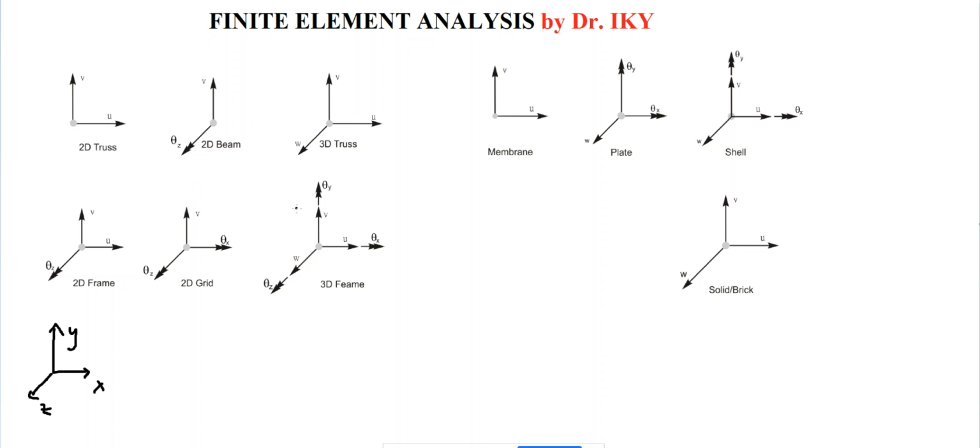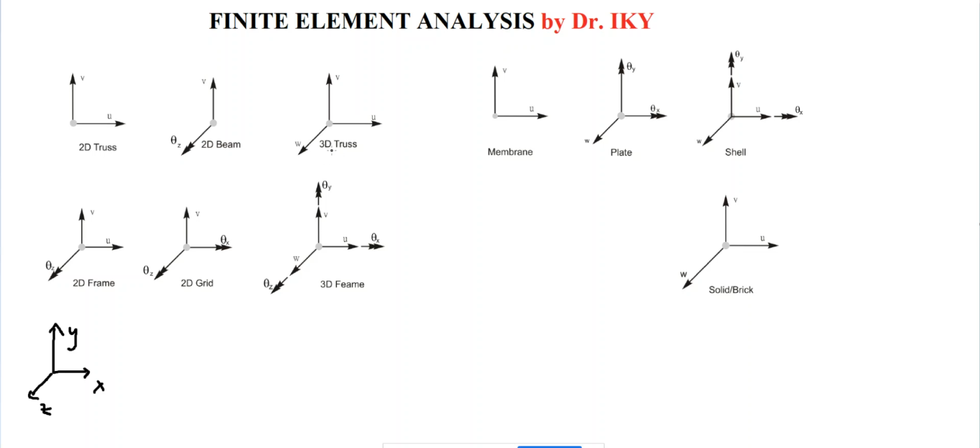This is the beam definition. These definitions are very important. You have to know them in terms of describing the solution constitutive equations. You have to use the coordinate systems considering these definitions.